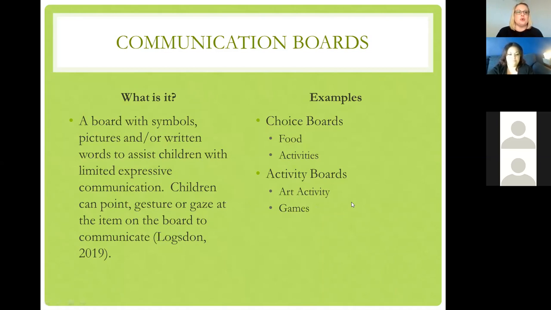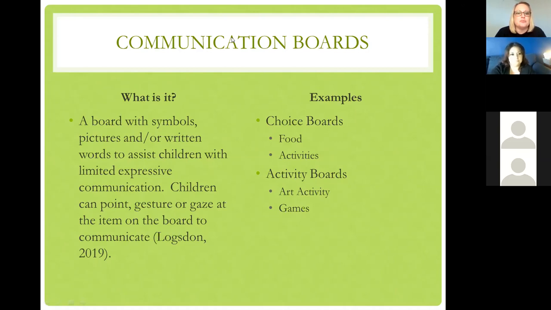So communication boards: it's a board with symbols, pictures, and/or written words to assist children with limited expressive communication. So typically the words are on there and then there's a symbol or picture with it. Children can use it to point to the item. They can gesture towards the item or gaze if they don't have pointing down yet, to communicate what they want or what they need.